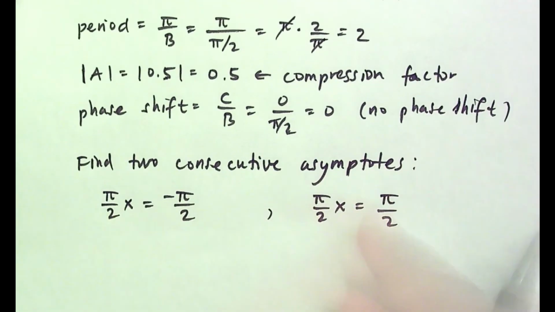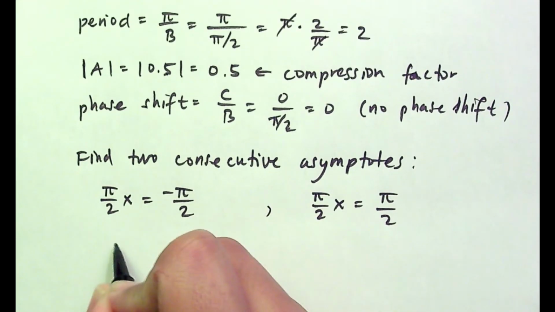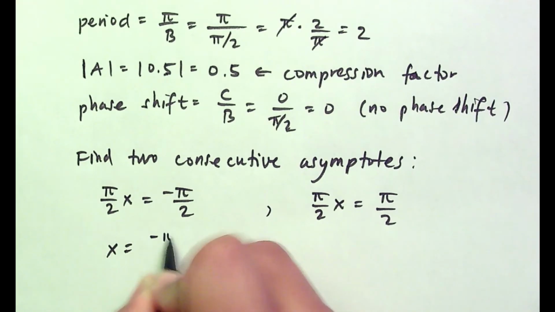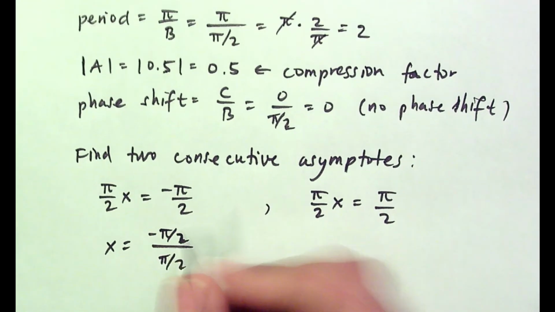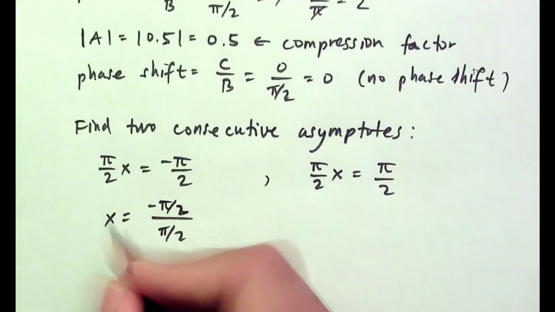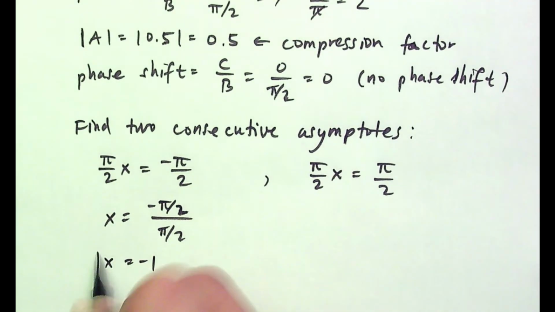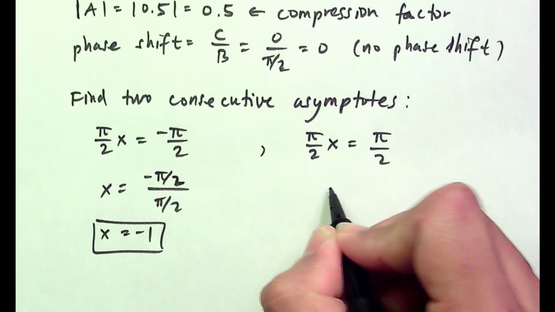Then you solve these two equations. Solving this equation, dividing by pi over 2, the top is equal to the bottom except for the negative, so the answer is negative 1. And then here, you do the same.